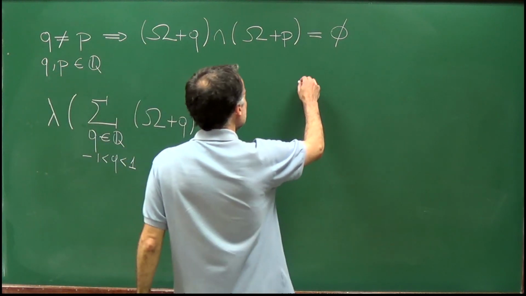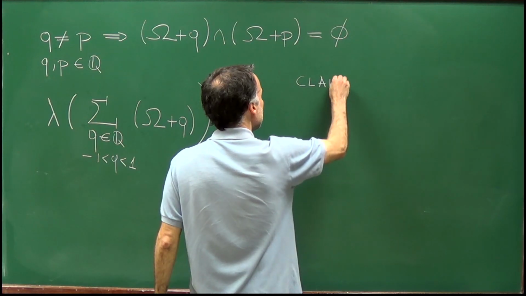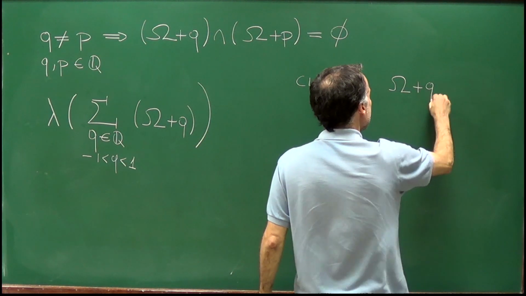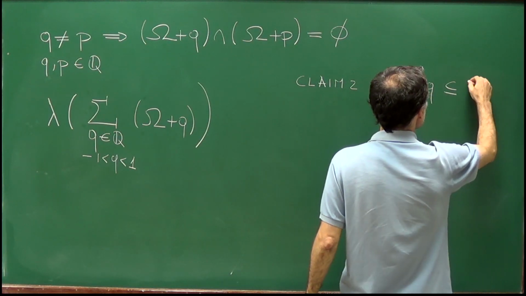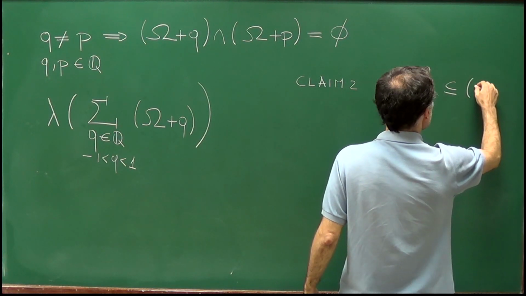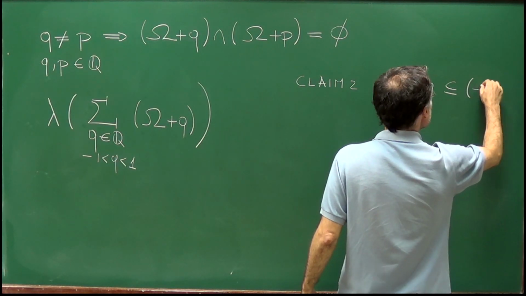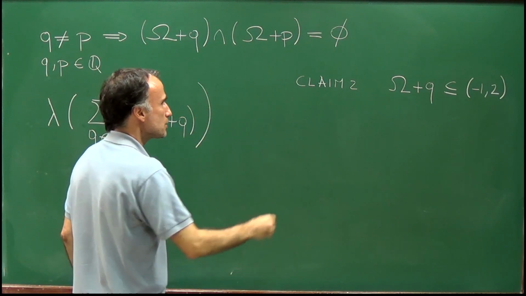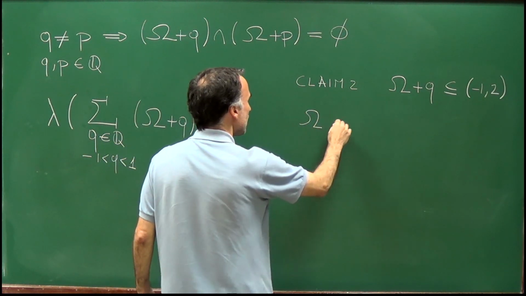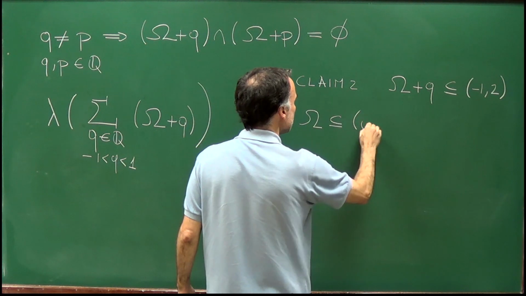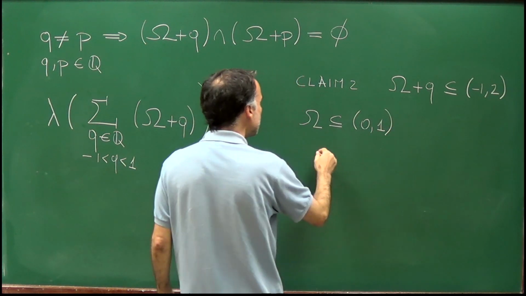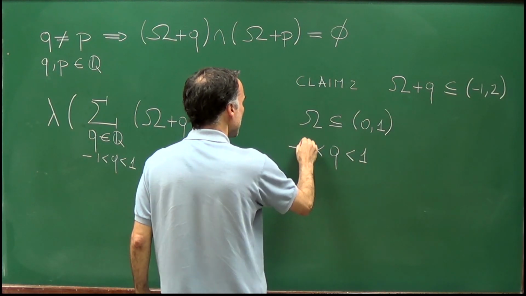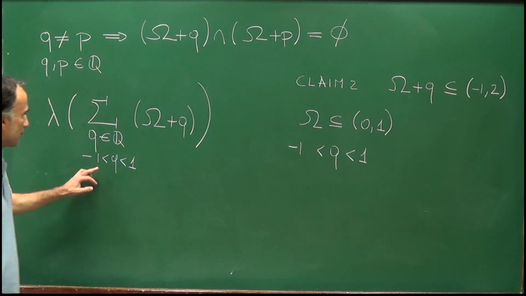Now I have a second claim, which is clear: these sets omega plus q are all contained between -1 and 2. Because omega, by our construction, is contained between 0 and 1, and q is contained between -1 and 1.